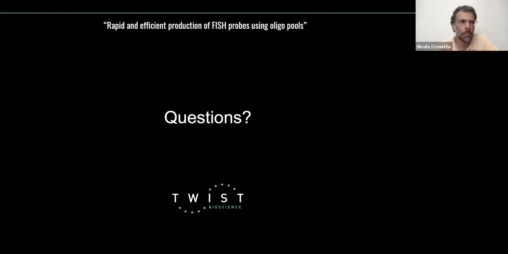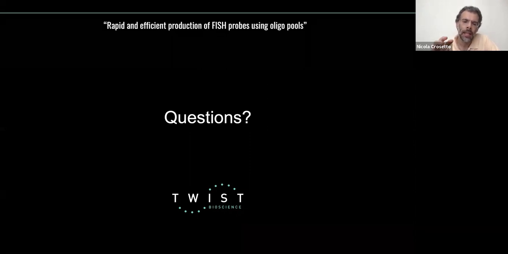The second question was whether we can incorporate a color directly in the RT step. I'm not sure, maybe Eleni in the backstage can also answer that. In principle, yes, but looking more carefully at the workflow, you will realize that by uncoupling the primary probes from the secondary detection oligos, we achieve a lot of flexibility and also reduce the costs a lot, because we only have to order a handful of secondary oligos coupled to fluorophores, and then we can use them to detect many different types of probes.